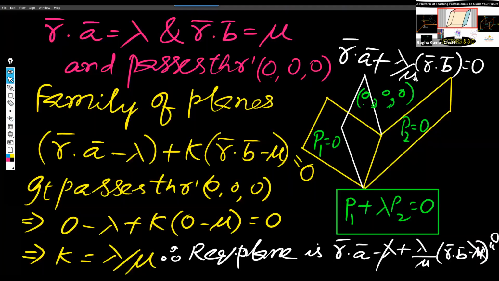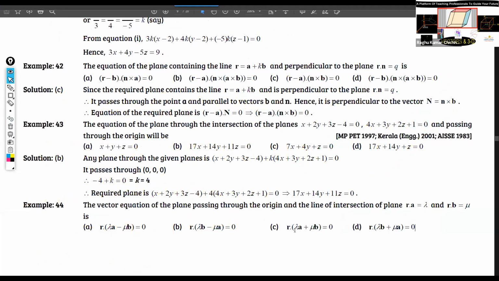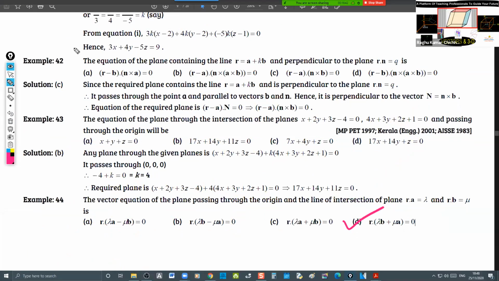This one is the answer. And if you cross multiply now, you take R bar common, you are getting mu A bar plus lambda B bar. Let us see that: mu A bar plus lambda B bar. Which one is the answer? Option C, sir. Option D, no? Option D is the answer. Okay.